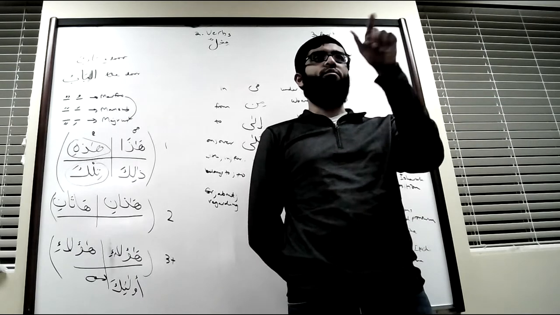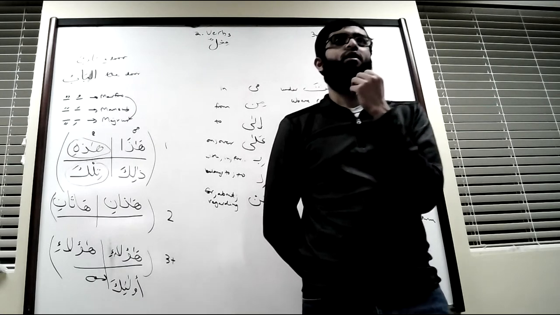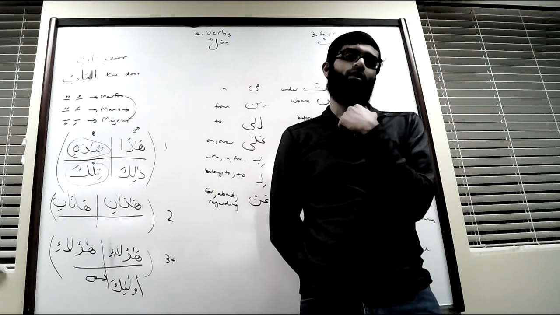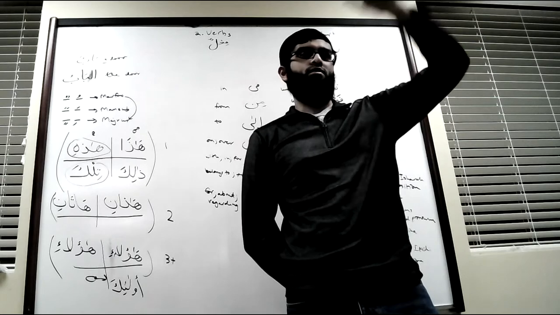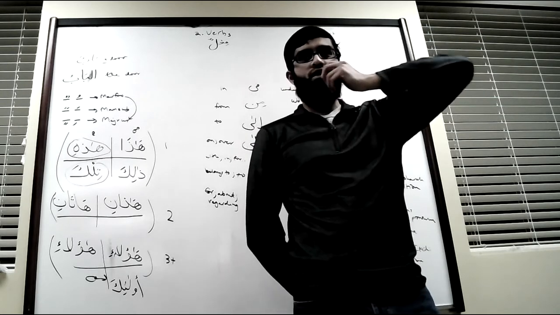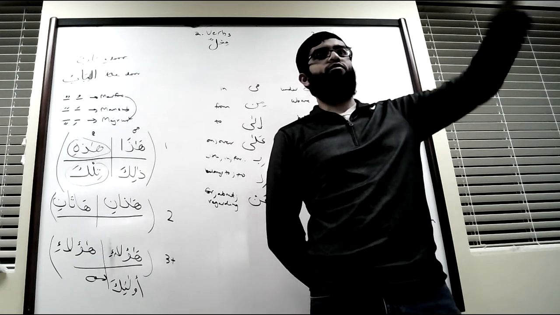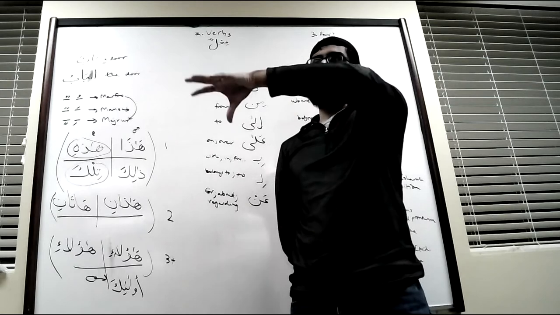So what's you female? Anti. Two of you female, antuma. Antunna. What's I? Ana and we, nahnu. Okay. How do you say those two, third person? Huma, right? How do you say all of them, but they're all female? Hunna, right?